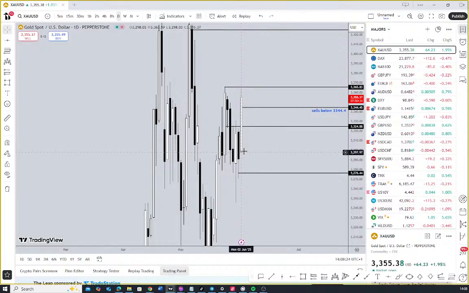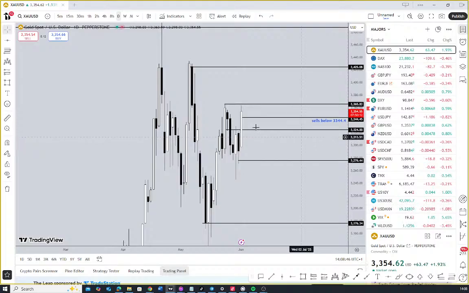If there's no bottom wick and it's just gone straight up, there's only one type of trader in this market right now. All we've seen since the open last night is buyers. That's it, just buyers.